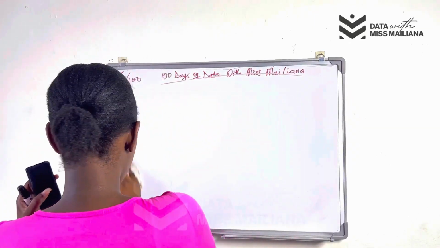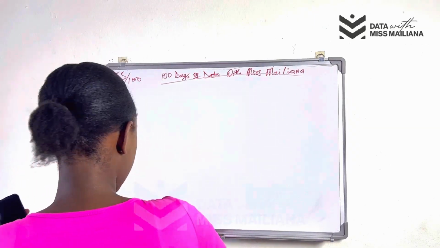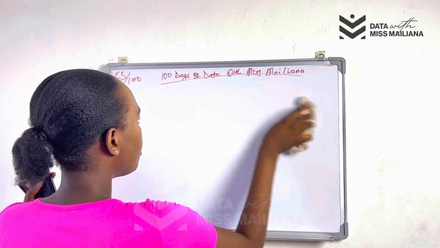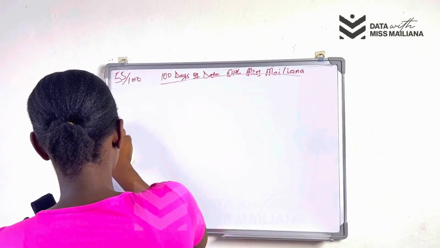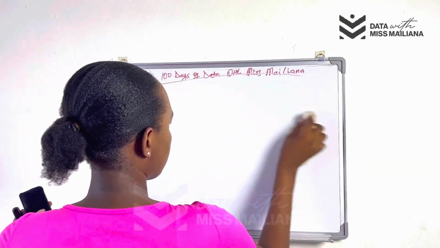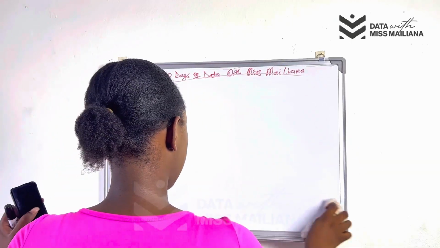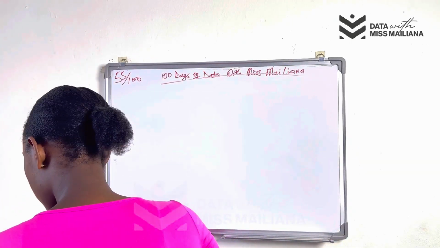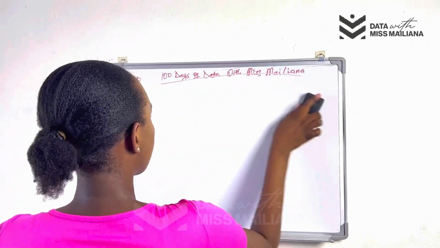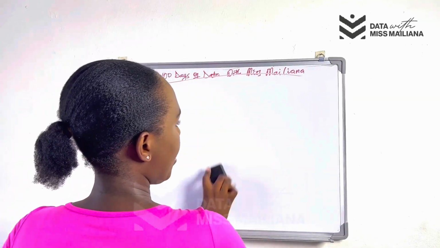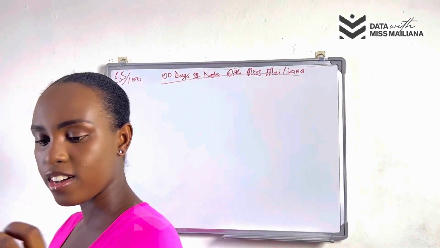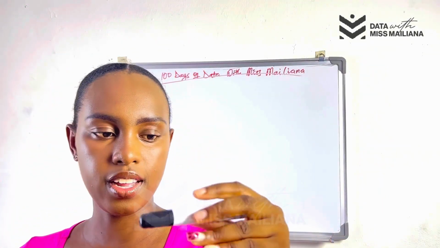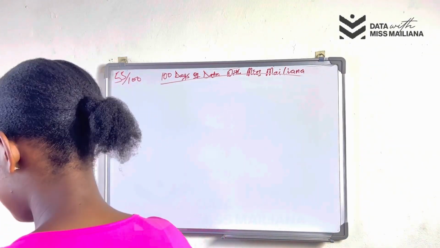I realized that some of the videos weren't as clear as I wanted them to be because the board was red and the marker was faint. So I had to come up with ways and means to clean the board as clean as possible, and I got new markers, new board pens as well.